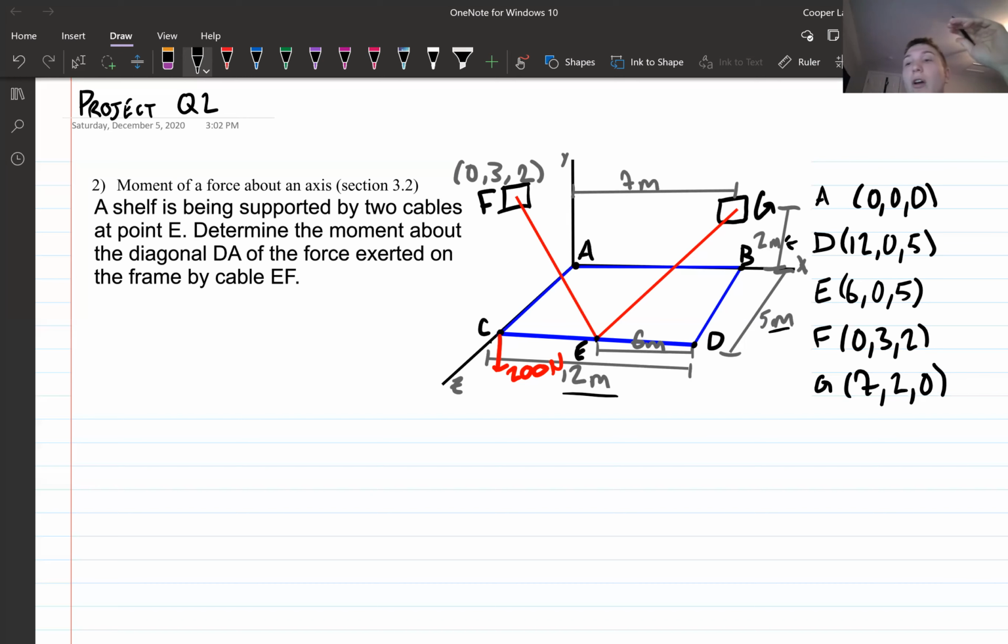So what we're going to start off by doing is working on getting our lambdas again, just like what we did in question 1. However, we only have 2 cables this time. We have EF and EG. So I'm going to start off with EF.